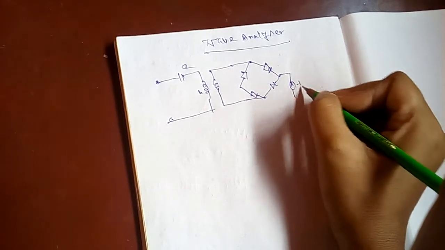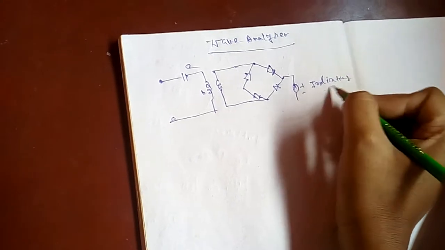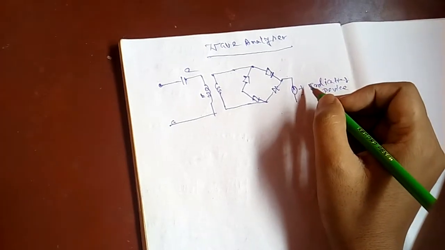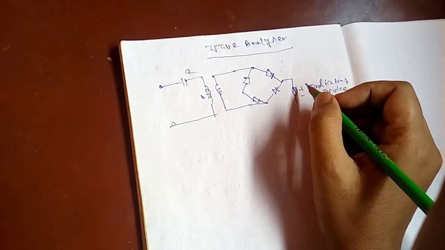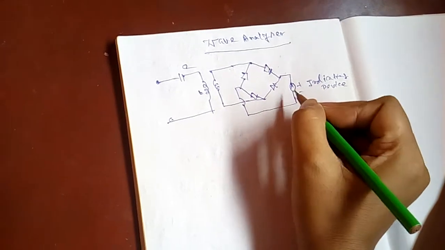Then there is an indicating instrument device, whose range is calibrated to read the value of the sinusoidal waveform. This is the full circuit.